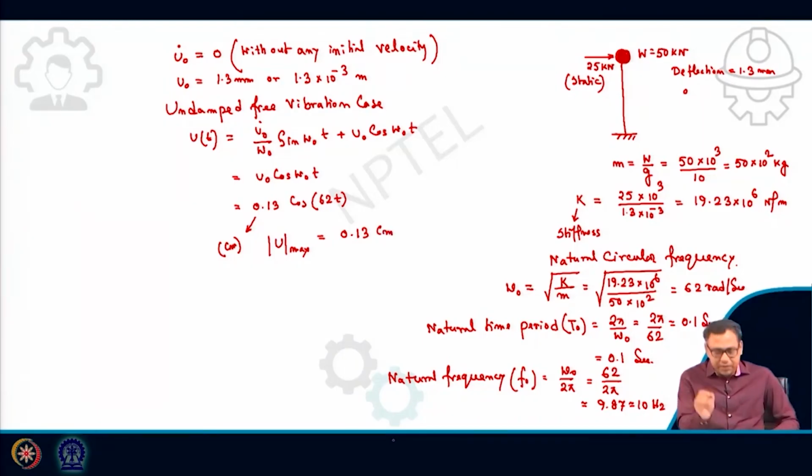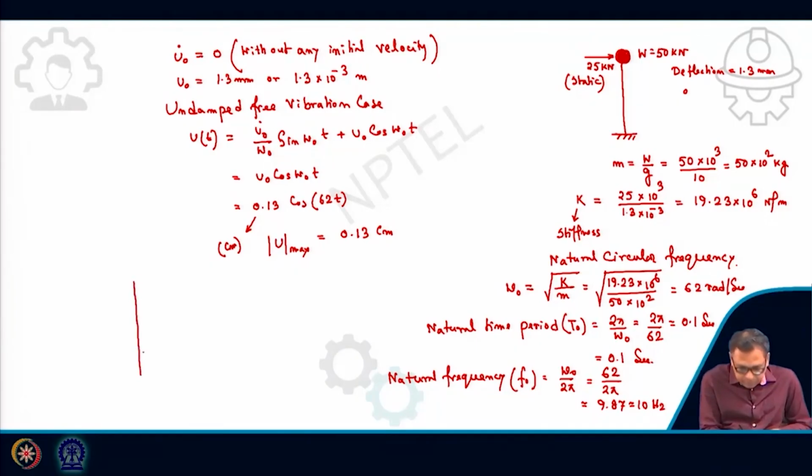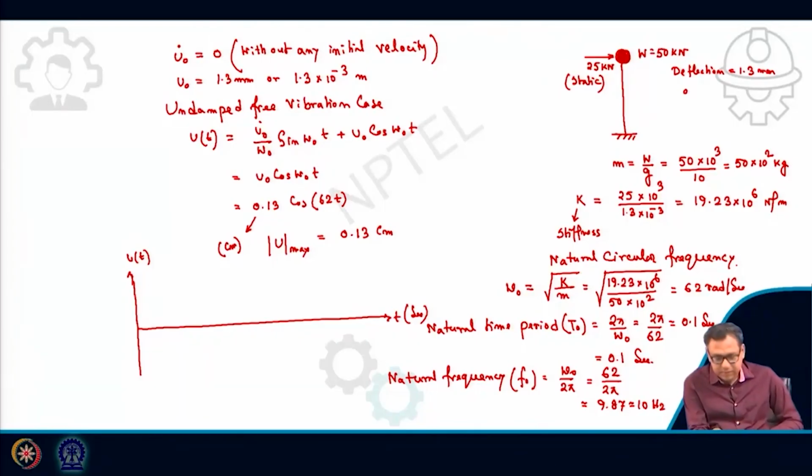Okay. Now if I draw the plot, this is t in seconds and this will be u(t). So it will start from, if it is cos 0, if t equal to 0, it will be 0.13.